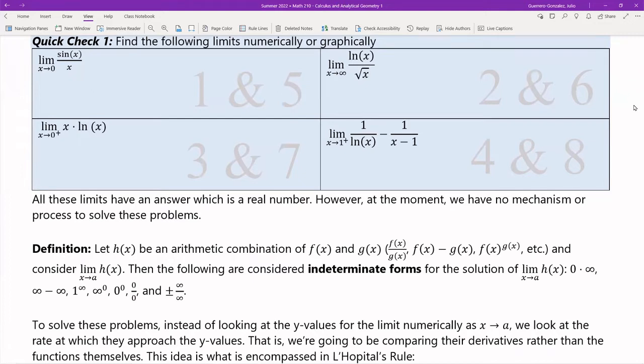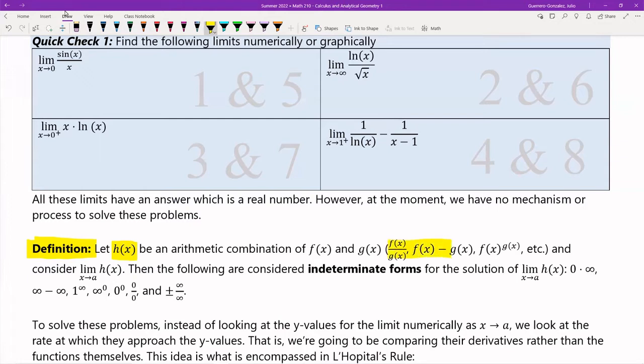So first of all, I want to go into a couple of definitions here. The first definition is we're talking about this h of x, that's an arithmetic combination of f and g. It doesn't matter which one of these you want to talk about. So either f of x divided by g of x, f of x minus g of x, f of x to the g of x, etc. Any combination you want to put.